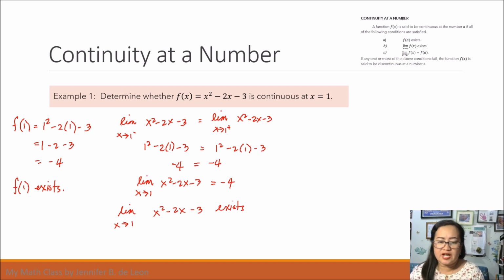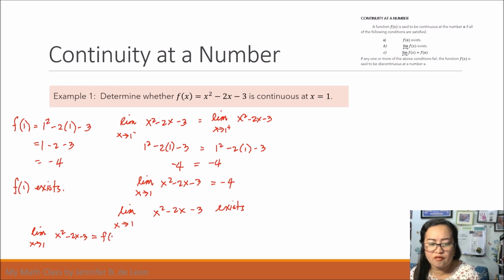We can see that the given function satisfies the second condition. Now, what about the third condition? We are asked to show that the limit of x squared minus 2x minus 3 as x approaches 1 is equal to f of 1.